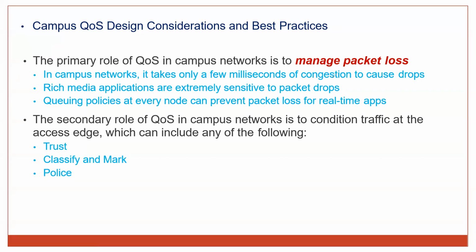Manage packet loss. It's not only that we are managing packet loss, but if you have some dedicated services and you want to deliver those services, such as rich media applications and real-time applications, then obviously, if there is any congestion in the service delivery, packets will start getting lost, and you don't want that.